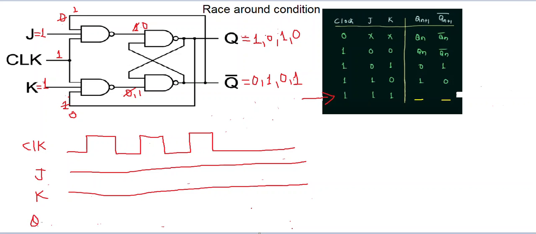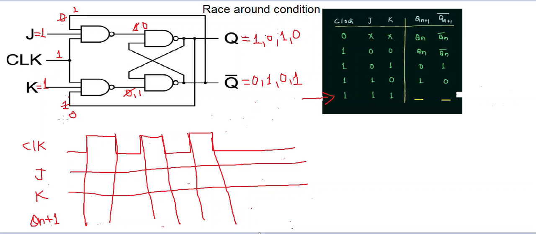What is the output in this condition? The clock is high, so I will take this portion only when the clock is high. This is my clock. As I said, when the clock is high, your J input is high, K input is high, the output becomes unstable. So it will toggle like this, 0 to 1, 1 to 0.